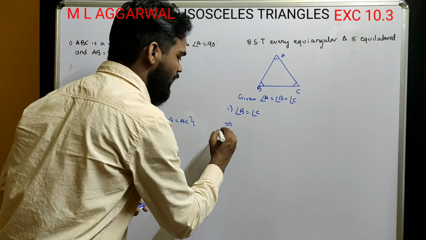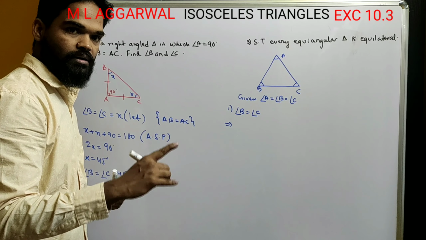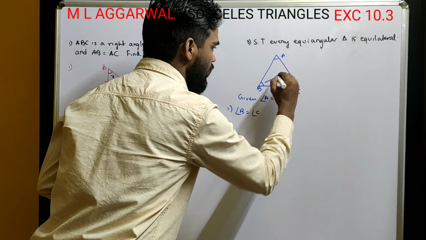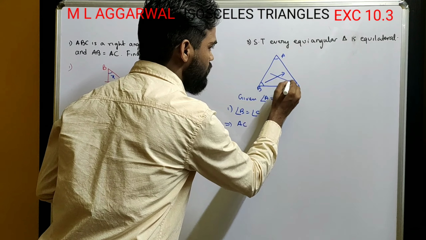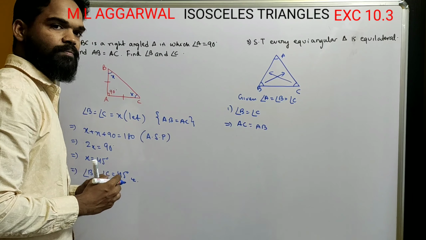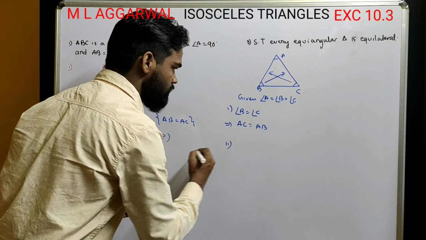The first thing, look, angle B is equal to angle C. So if two angles are equal in a triangle, the opposite sides are also equal, which means AC is opposite to angle B and AB is opposite to angle C, which means AC equals AB, isn't it?